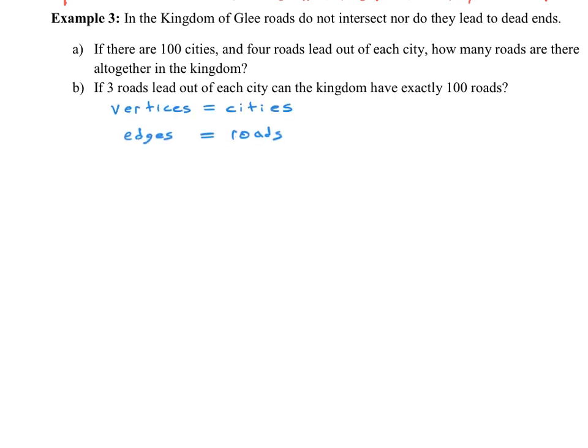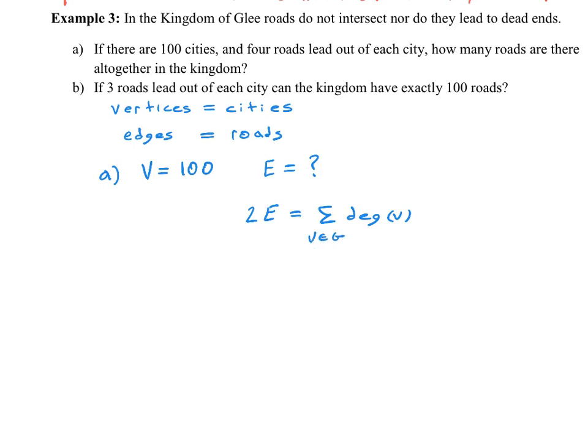Okay, so part A says that we have 100 cities, so capital V is 100, and there's 4 roads leading out of each city, and it asks how many roads are there altogether. So we're searching for capital E. That's our question mark. Let's use the parity theorem again. So twice E is equal to our degree sum, so the sum of every vertex in our graph.